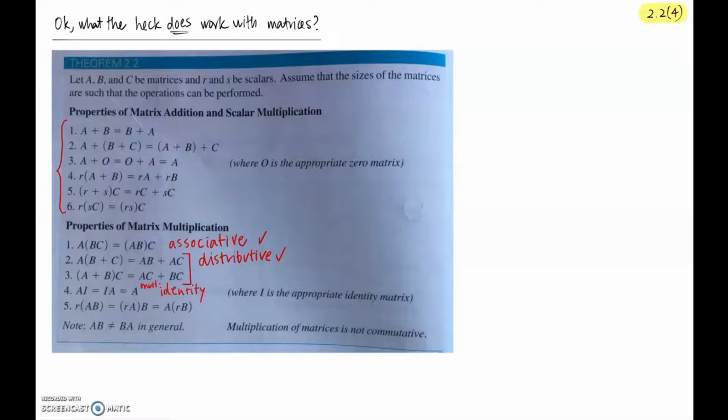And right here, this gives us the ability to move this scalar r almost anywhere we want. We can multiply r by A first, or we can take r and multiply it by B first. So that property holds up. The only thing we have to be careful of is the one we've already talked about: in general, multiplication of matrices is not commutative.